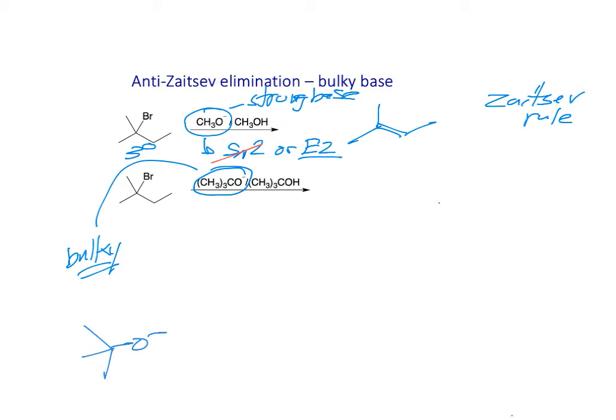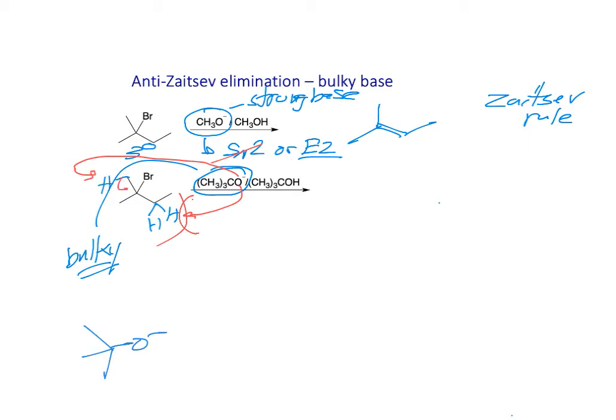And what happens when we use tert-butoxide is because it's very bulky, it has a harder time accessing the more highly substituted beta proton. And so what happens instead is it removes a proton from the more accessible position.